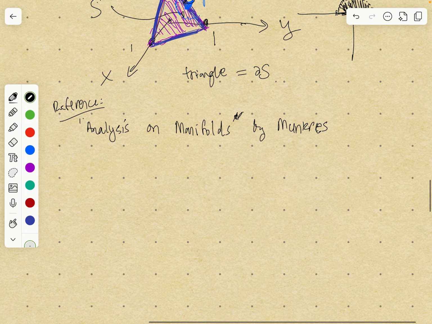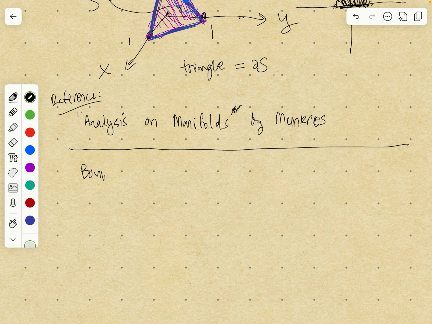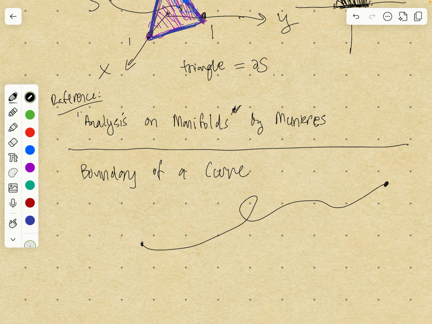Maybe I should also add that there's also such a thing as the boundary of a curve. So, you can have the boundary of a curve. And what's the boundary of a curve? Well, a curve is something like this, right? But suppose that you have these endpoints.